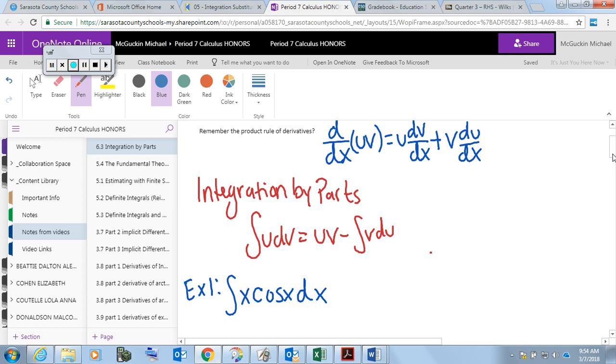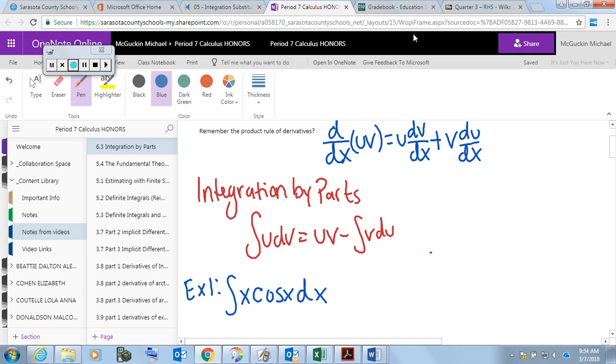This first example that we're going to look at is a very basic opener as to how to visualize a problem when you're cued to use integration by parts. Before I describe what u and dv are going to be, I want to simply solve this one, get your mind thinking a little bit, and then go back and ask why I chose u for blank and why I chose dv for blank.